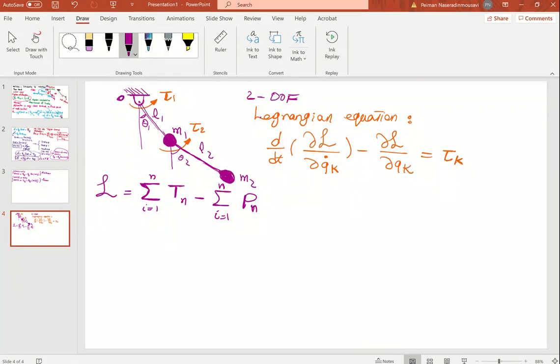This is the definition of the Lagrangian function. And these q_k are the number of degrees of freedom.